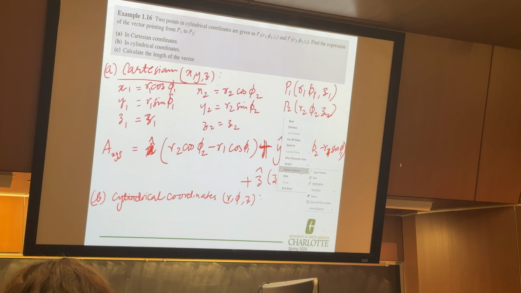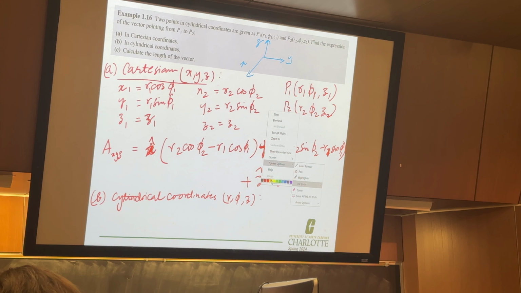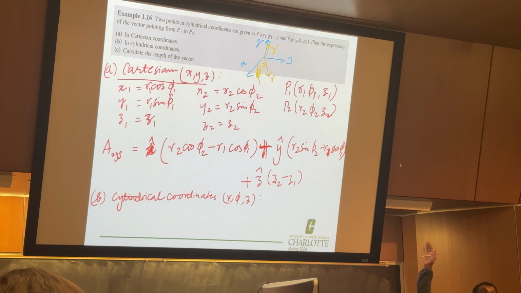In the cylindrical axes, initially the R is aligned with X. You perform that initial alignment, and then the R-axis is rotated counterclockwise, so the R-axis ends up somewhere here, and phi goes counterclockwise, and Z is the same as the Z-axis there. So as long as you assign your axes this way, these expressions are valid.